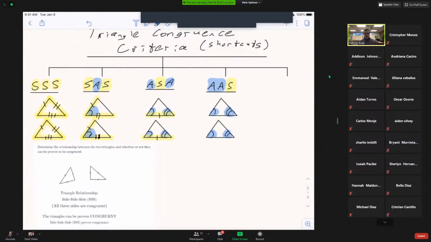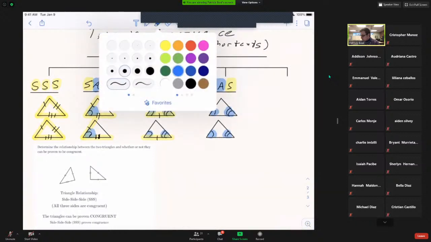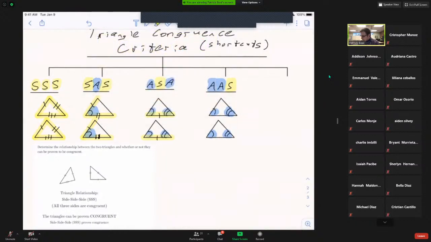But now we actually have a choice here. It really doesn't matter, actually. You have two choices. The only one that you can't pick is the one that is in the middle. That would not be AAS. We can't pick the one in the middle, but it really doesn't matter which one you choose as long as it's not in the middle.